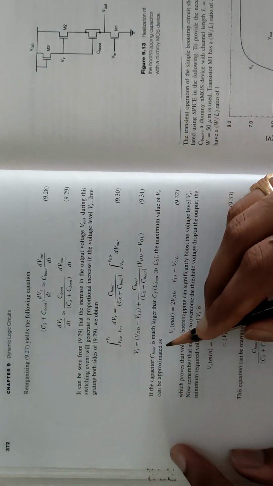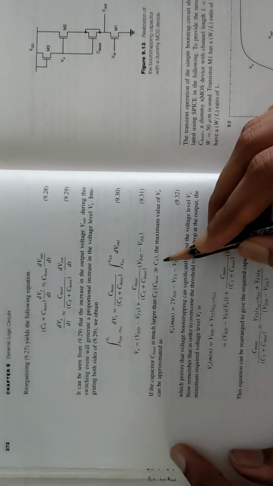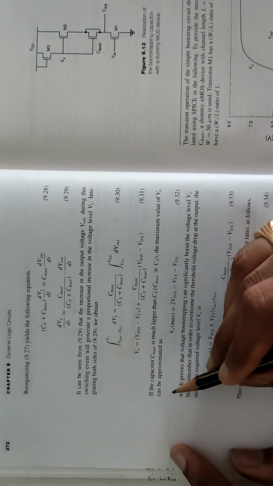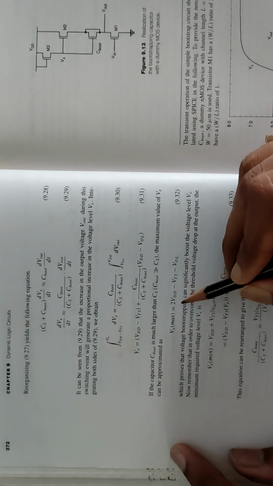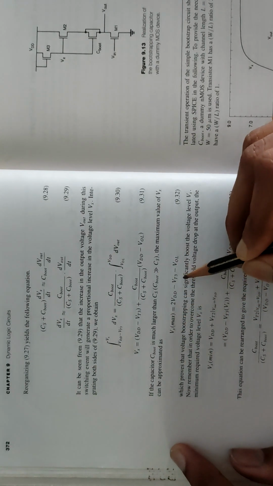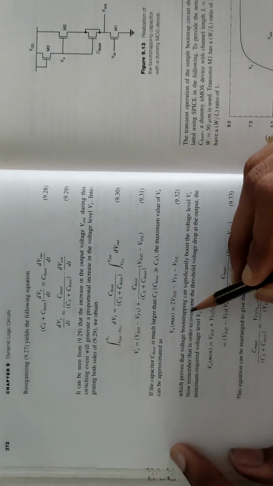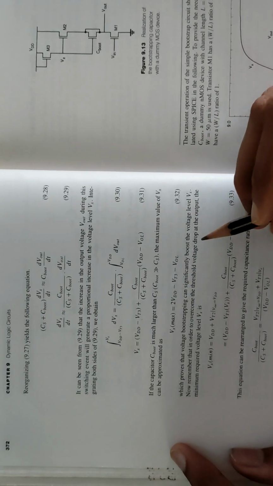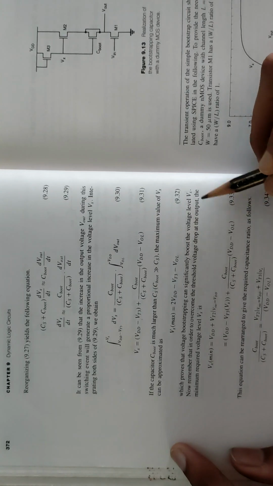If the capacitor Cboot is much larger than CS, the maximum value of Vx can be approximated as Vx max equal to 2VDD minus VT3 minus VOL, which proves that the voltage bootstrapping can significantly boost the voltage level Vx.